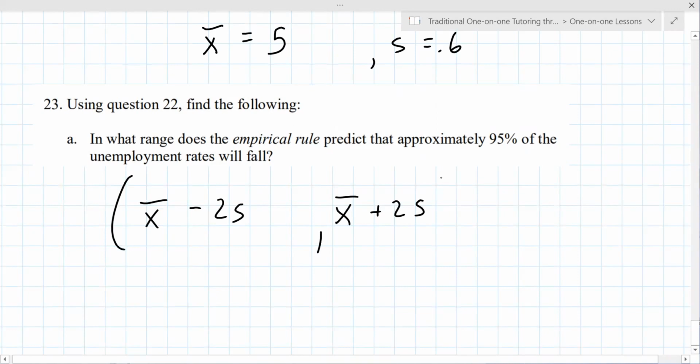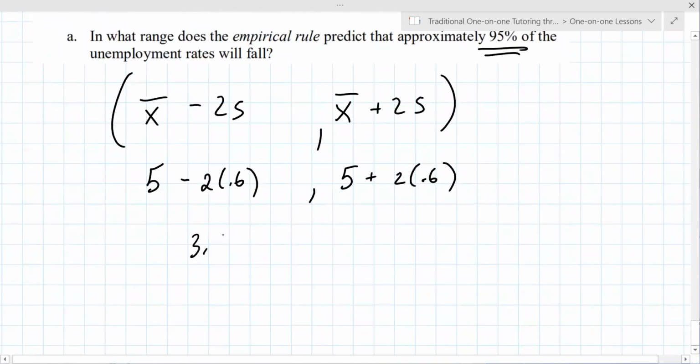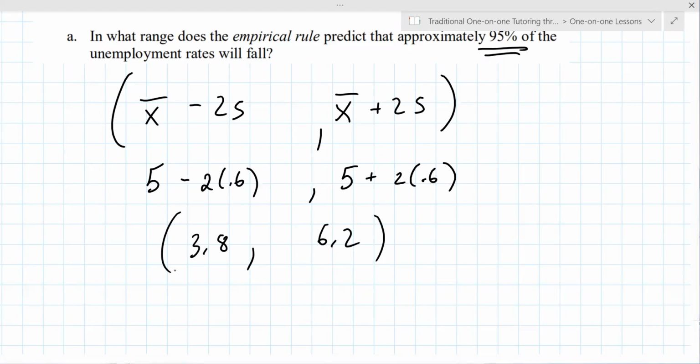And within this window is 95%. Okay. So you have to do 5 minus 2 times 0.6, comma 5 plus 2 times 0.6. So that's like 3.8, comma 6.2. Okay. Gotcha.